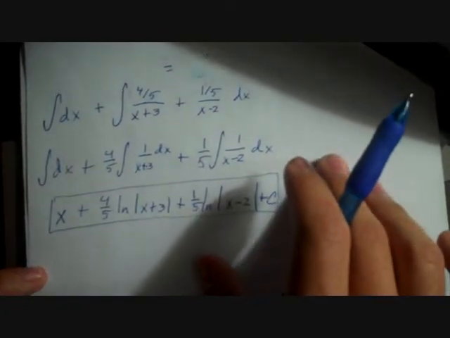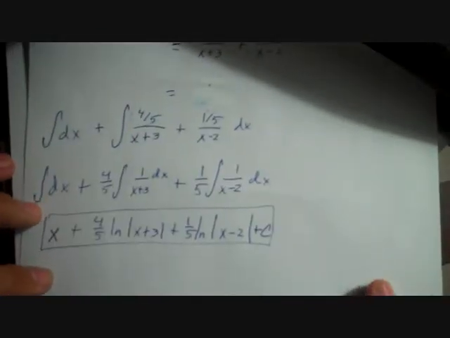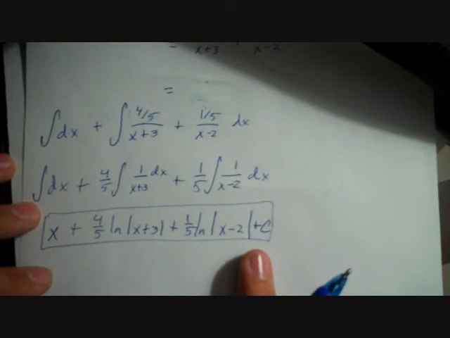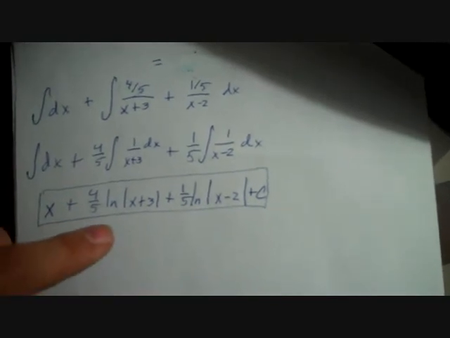So yeah, it's a complicated looking answer, but it is a complicated problem, and that's just how partial fractions work. There are two other things you need to know when doing partial fractions decomposition, and we'll cover the next one in the next video.